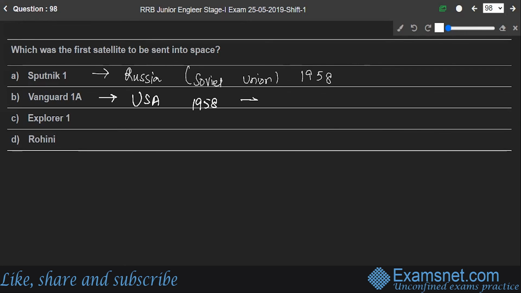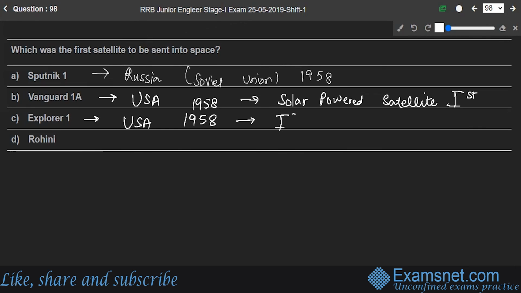It was the first solar power satellite. Then you have Explorer 1, USA, 1958, the first satellite launched by the United States after the Soviet Union.